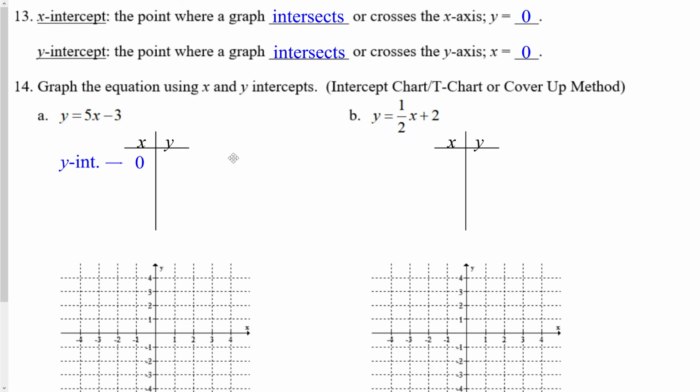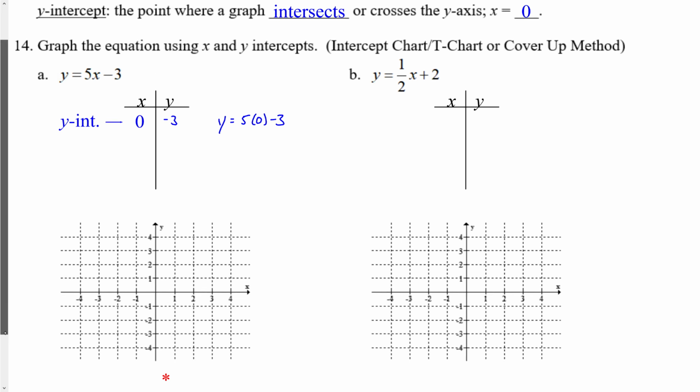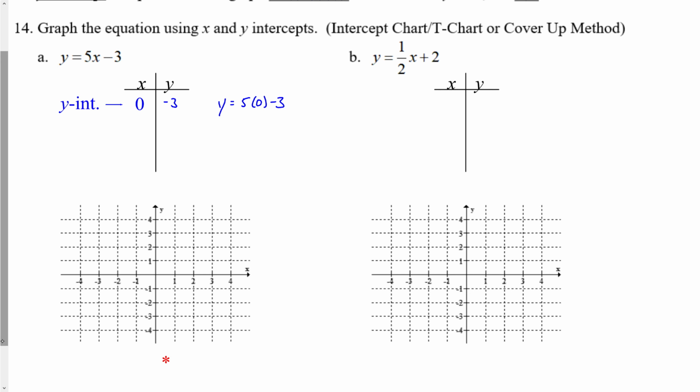So in our equation, which is given to us, plugging in 0 for the x coordinate, then evaluating that, 5 times 0 is 0, minus 3 is -3. We would have the y-intercept on our graph at the point 0, -3. So 0, -3, we would have our point right there.